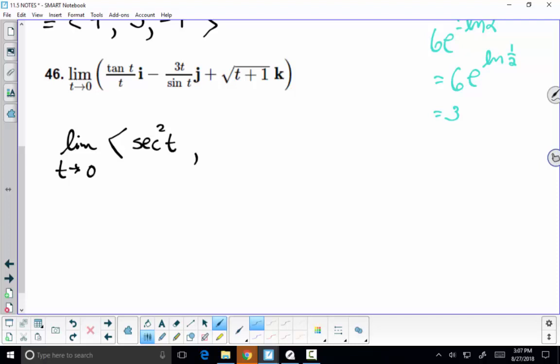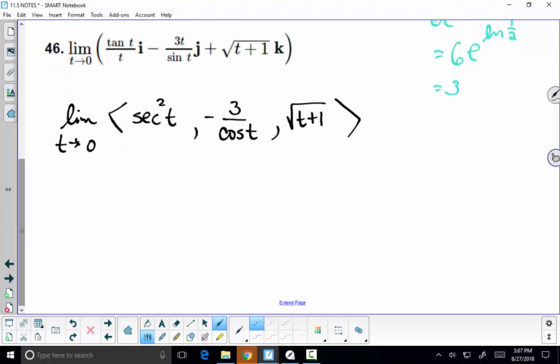Now, when we plug in t equals 0 here, we get 0 divided by 0 again, so we can use L'Hopital's rule. The derivative of the numerator is 3. The derivative of the denominator is cosine of t. How about the last one? Is there any funny business? No funny business.